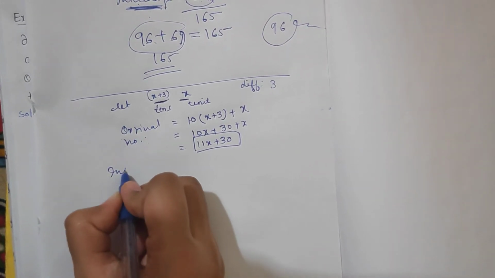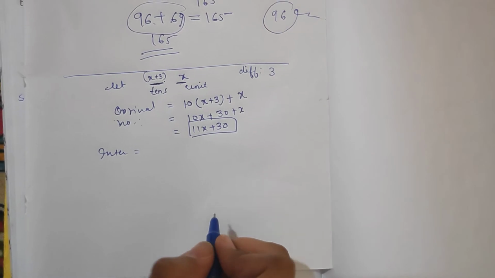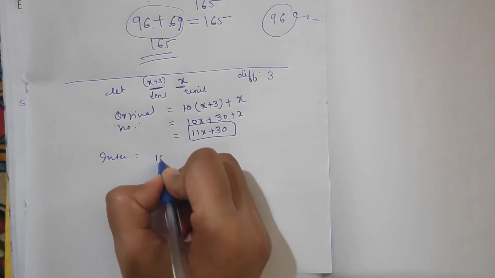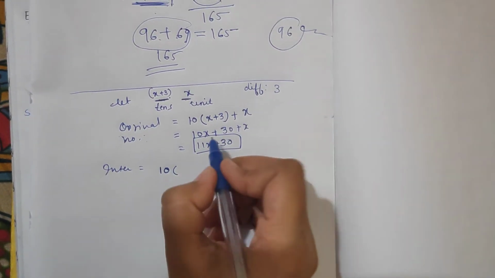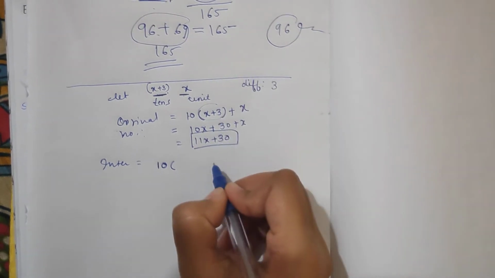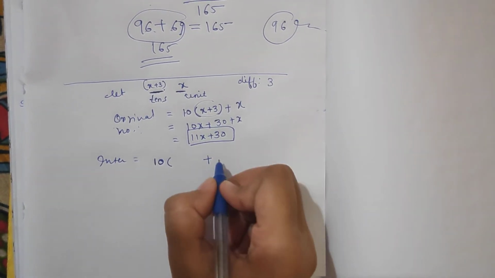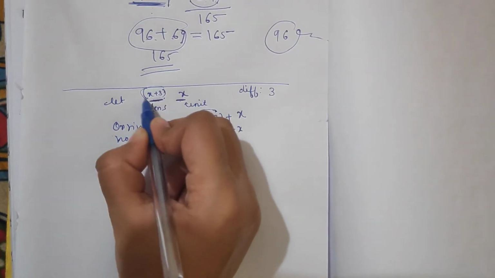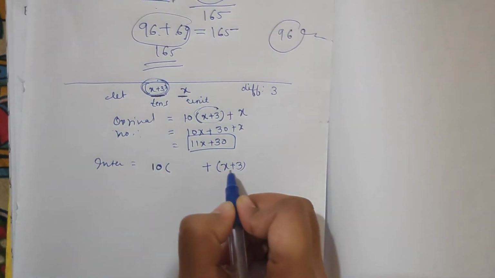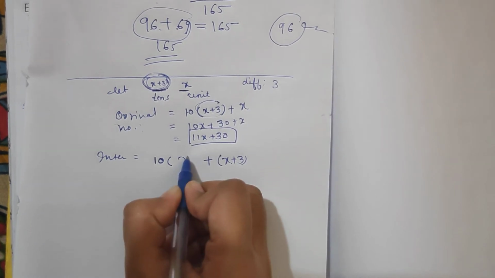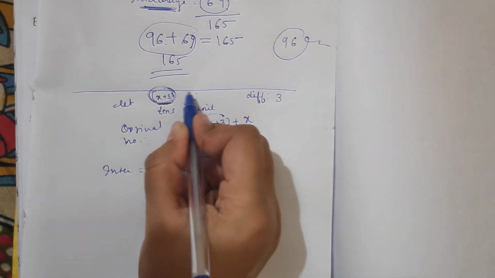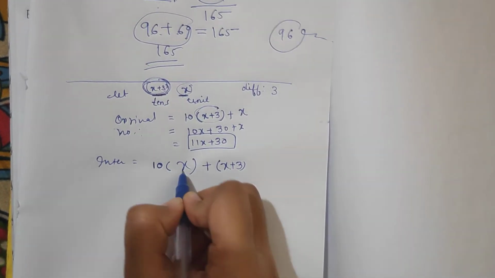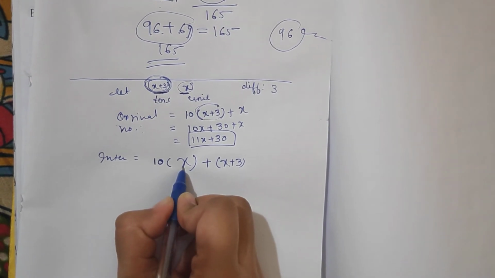So after interchanging, what will we get? We know that the digit at tens place will go to unit place. So it is x plus 3, because this was the digit at tens place, and it will come to unit place. And x, which was at unit place, will now be at tens place.